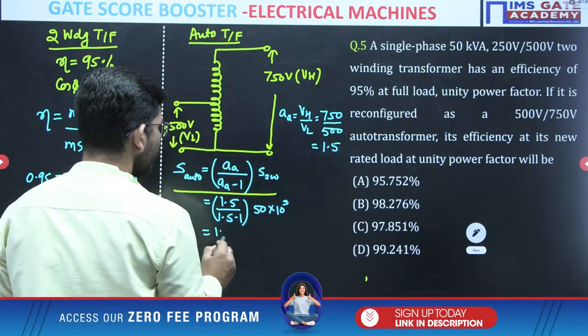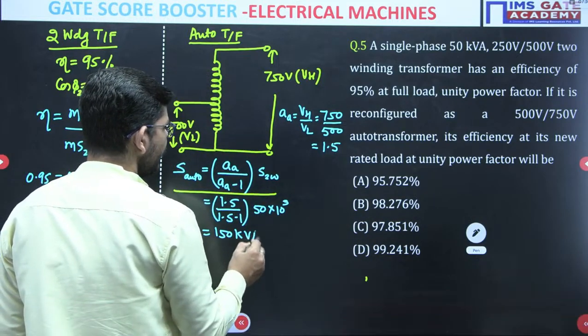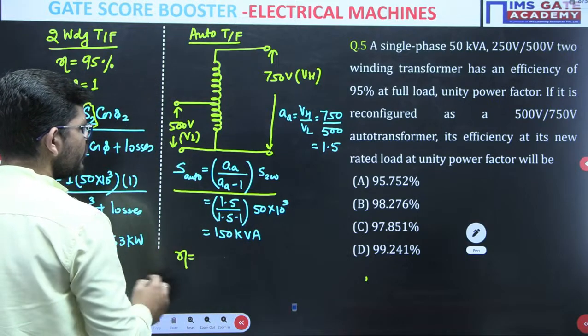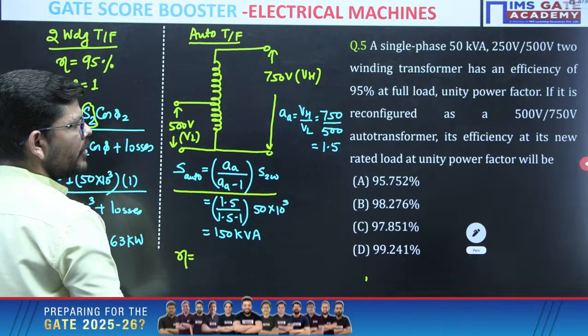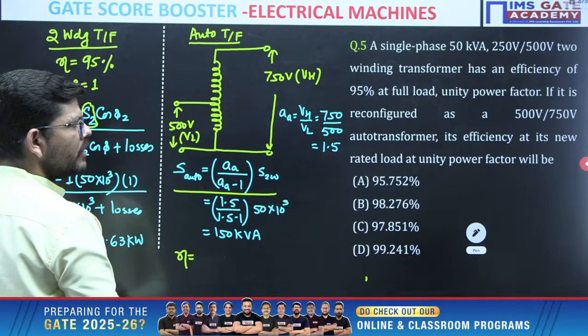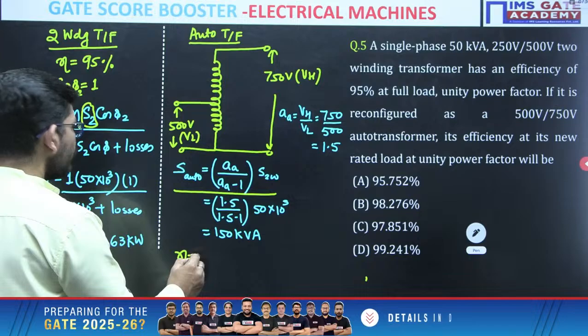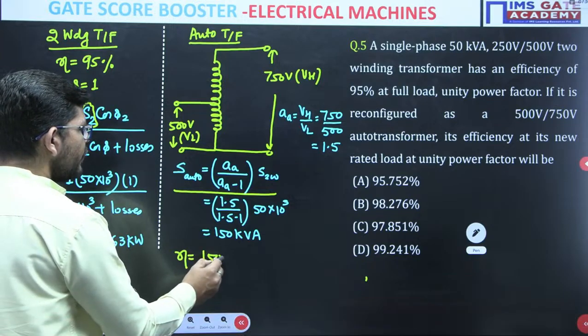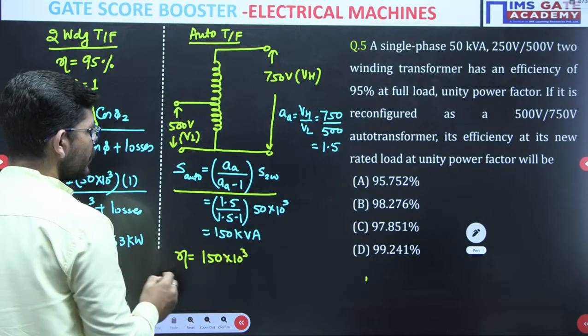Now when you calculate the efficiency, again we take rated load and unity power factor, so m value will be 1 and S value will be 150 kVA of the auto transformer.